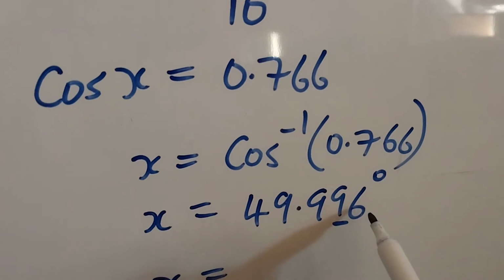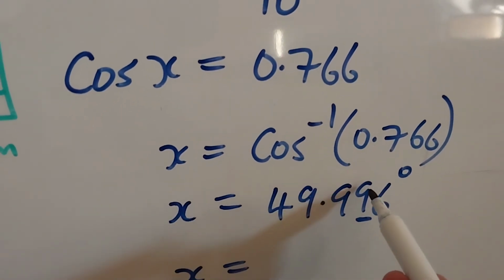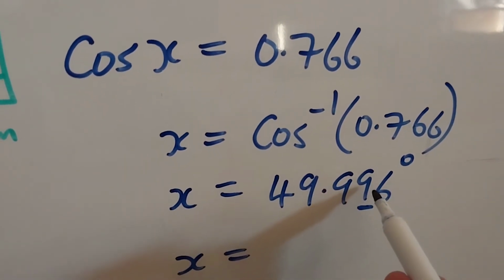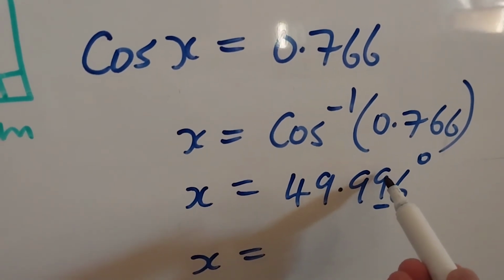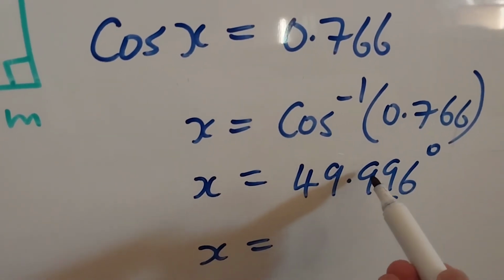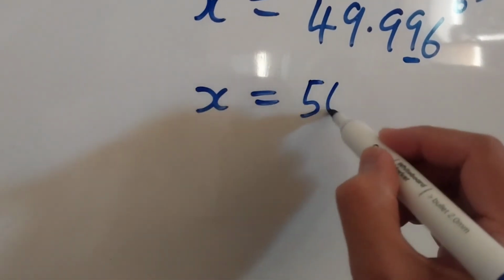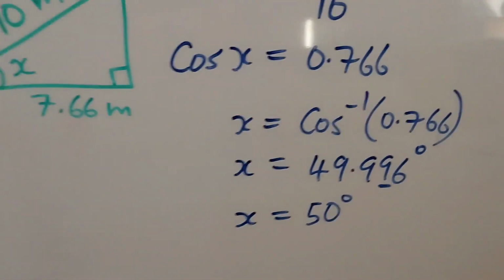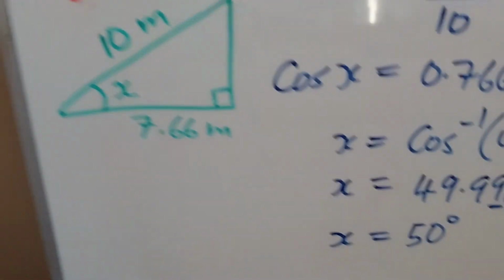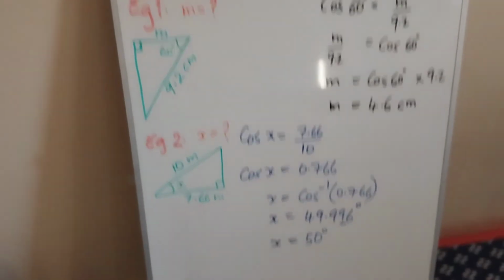Since 6 is 5 or more than 5, we add 1 to the 9 over here in the second digit. So that becomes a 10 with a carry 1. And that becomes a 10 and a carry 1 becomes 50. So to round it off to 2 decimal places, it will become 50 degrees. So the unknown angle x over here is equal to 50 degrees.